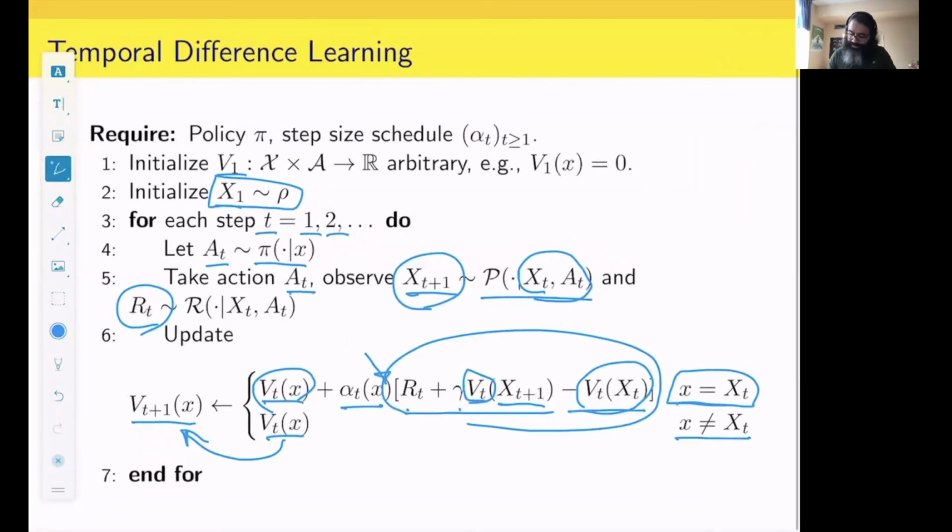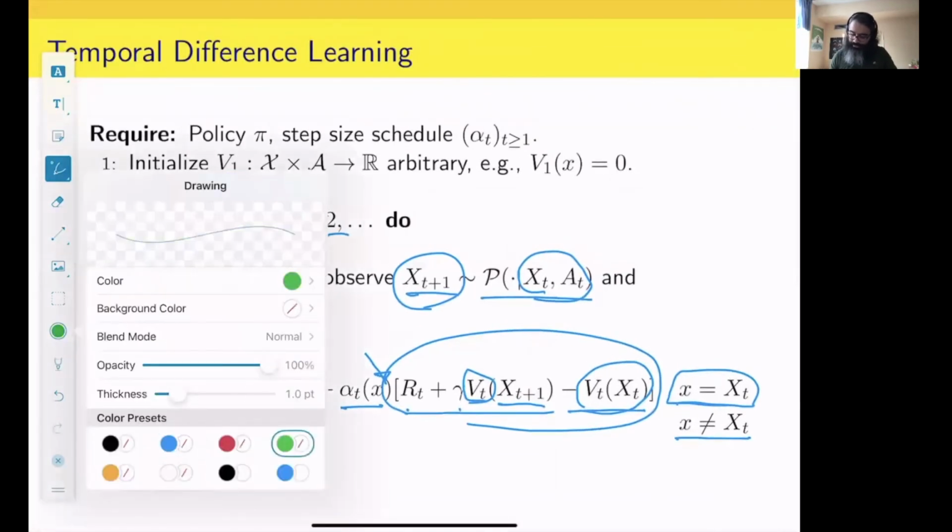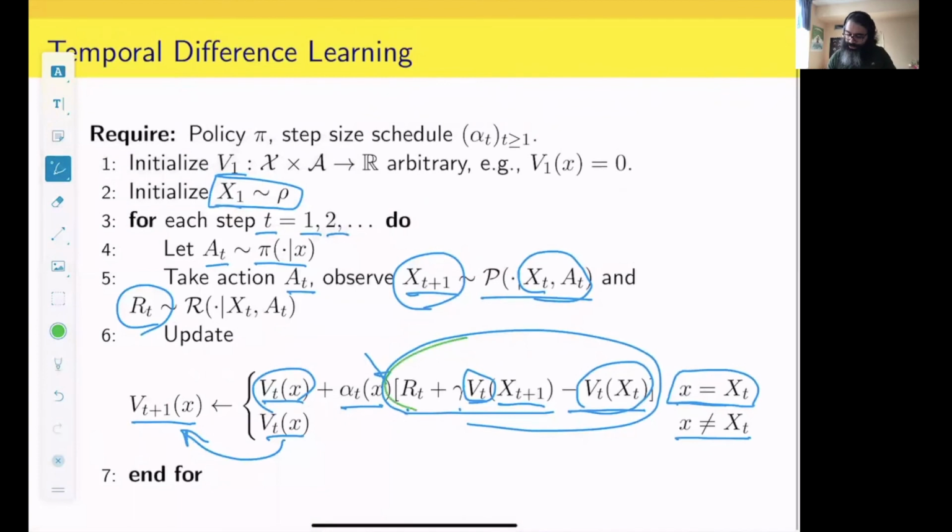This term, the green one, is called the temporal difference error, which is basically saying how different the first part of it is from the second part.